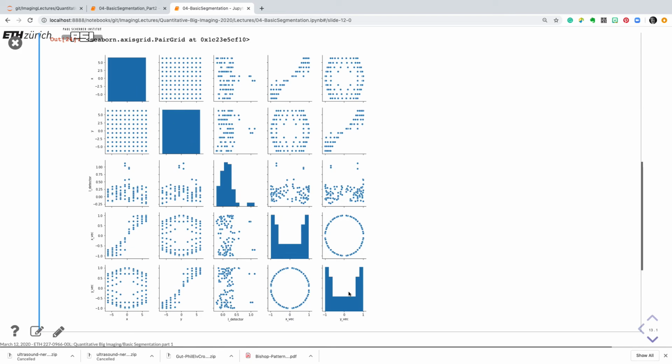Along the diagonal, you have the single information only, and then here you combine the two. And you can see that the vectors, for example the x and y vectors, produce a circle. And the intensity based on these vectors looks a bit strange, actually. And sometimes you can already tell from this way of visualizing the data which features are more relevant than others to combine.